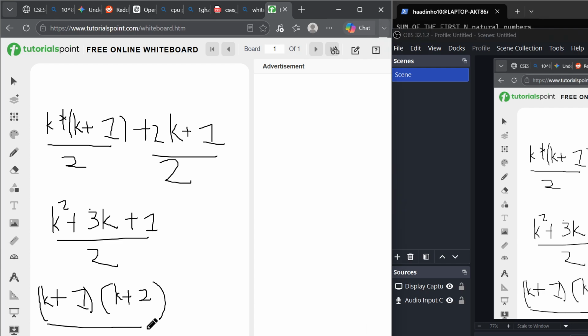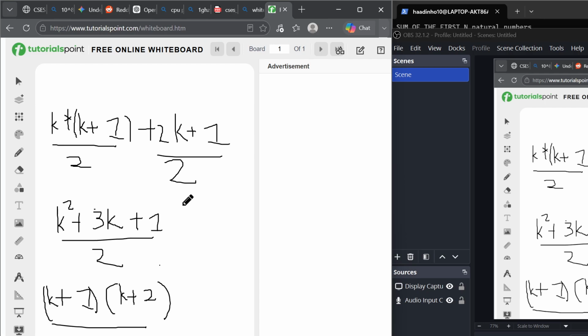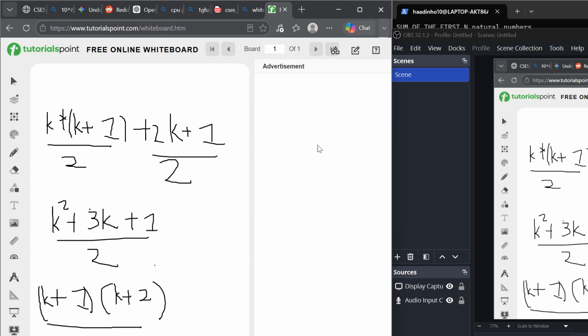This thing is not visible, so I'll try to zoom in. Okay, sorry, one minute. So this is k plus 1 into k plus 2, and the denominator is going to be 2.